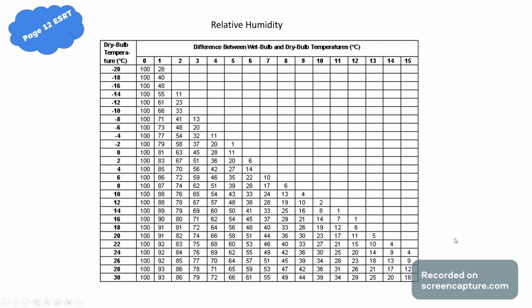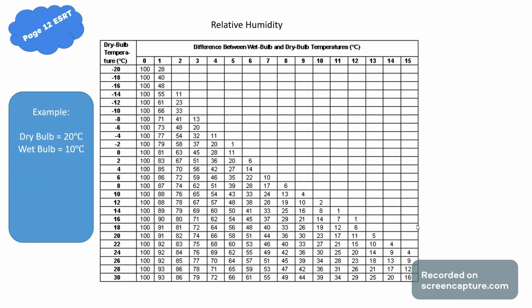Now, on that same page, we have our relative humidity chart, and that's our percentage of water vapor in the air. It's a very similar process to finding dew point as it is relative humidity. We're going to continue our example where we have a dry bulb of 20 degrees Celsius, a wet bulb of 10 degrees Celsius, so the air temperature is 20 degrees, the wet bulb, or the amount of water vapor in the air, is being measured at 10 degrees Celsius from our wet bulb.